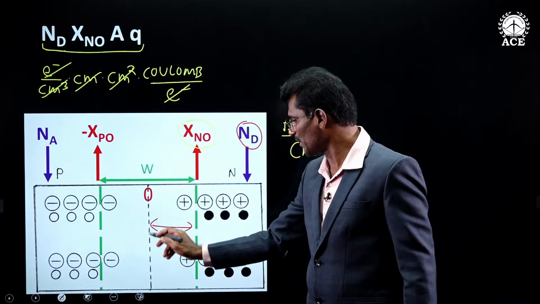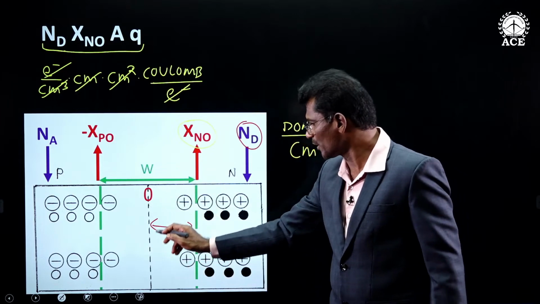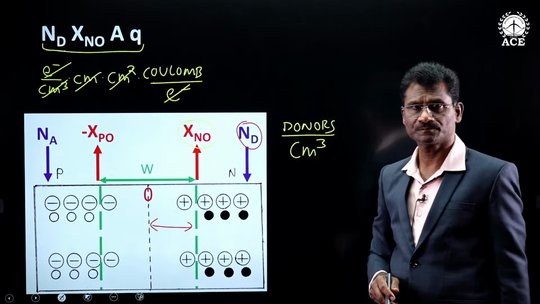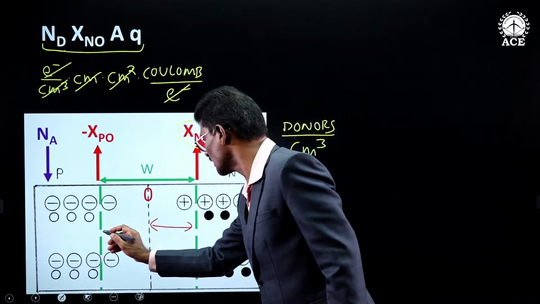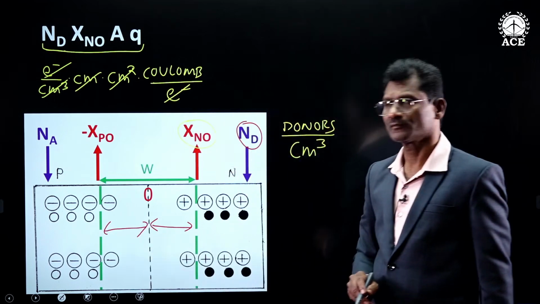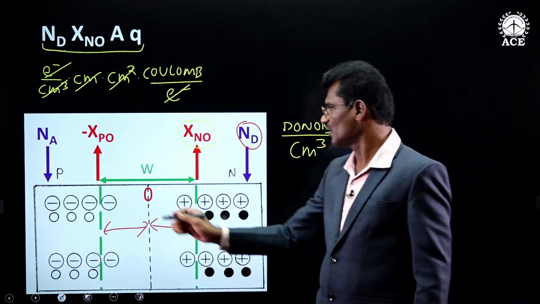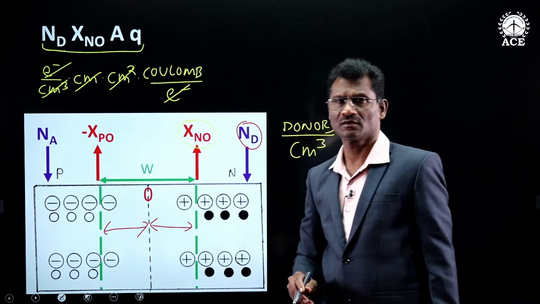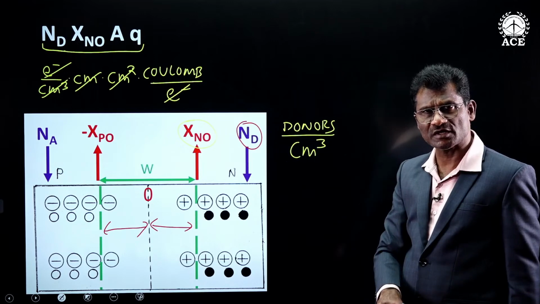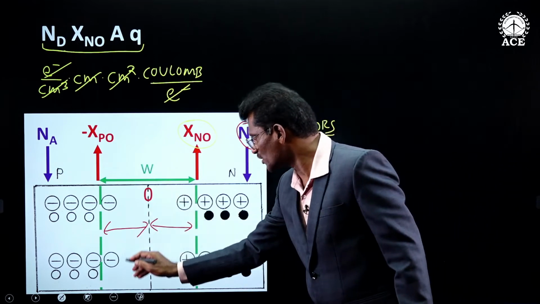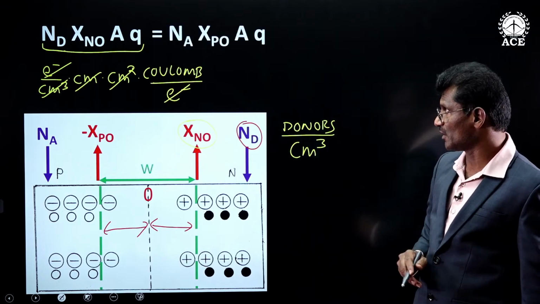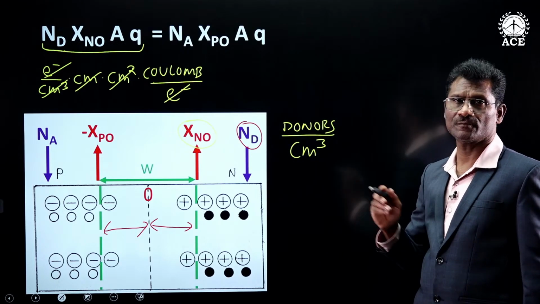So this is the depletion region of N side. Total negative charges lost in this area is given by this equation. Similarly, this is the depletion region of P side. We have lost holes there. So if you want to know total positive charges lost in the depletion region of P side, we can write a similar equation, that is NA Xp0 AQ.